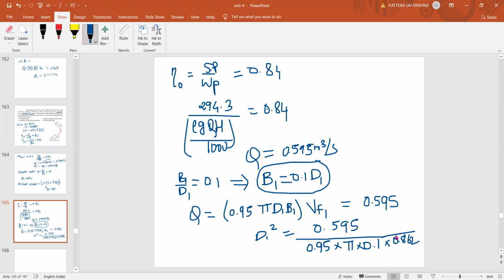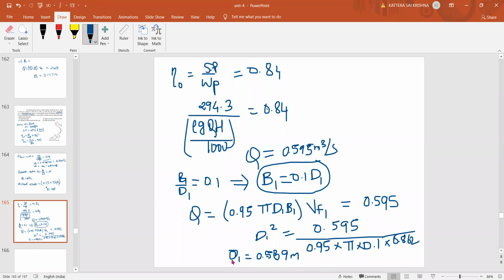Okay, so you can find D1 equal to the square root of the value you get for this. Just tell me the D1 value. 0.539. Okay, no issues. You can write the same thing that you are getting. 0.539 meter is your D1.